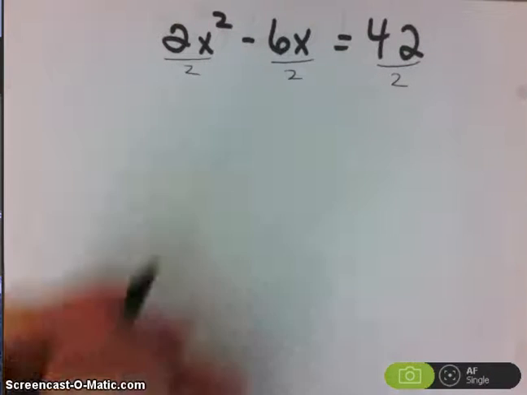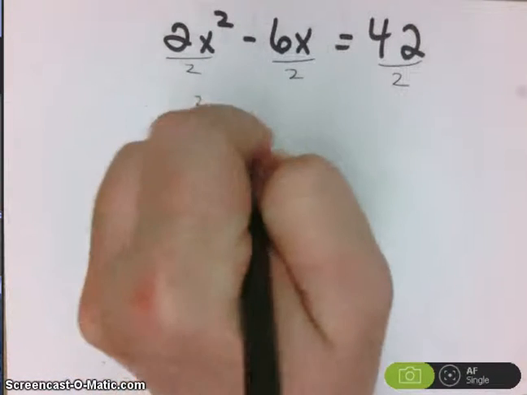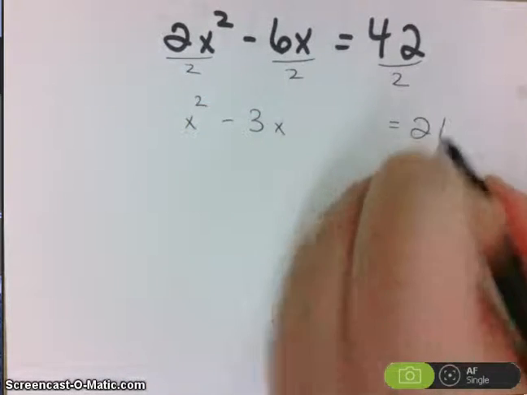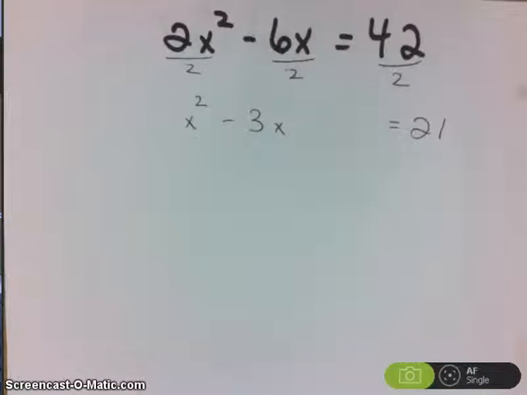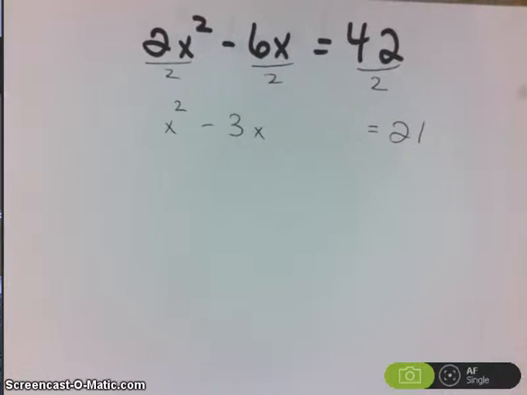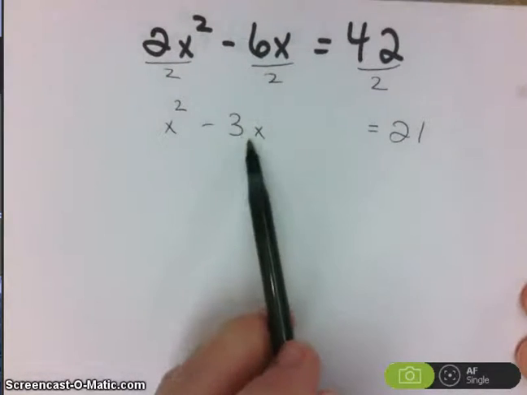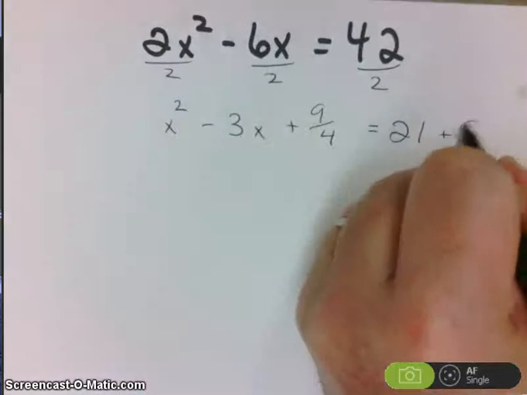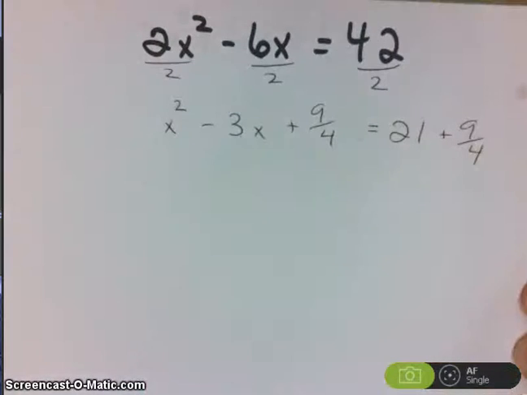So that leaves us with x squared minus 3x. I'm going to leave that space for our new c, and it's equal to 21, isn't it? Okay. Good. So now we're going to complete the square on this side, which means we're going to divide b by 2 and square it, so we get 9 over 4, and we're going to add 9 fourths to this side.